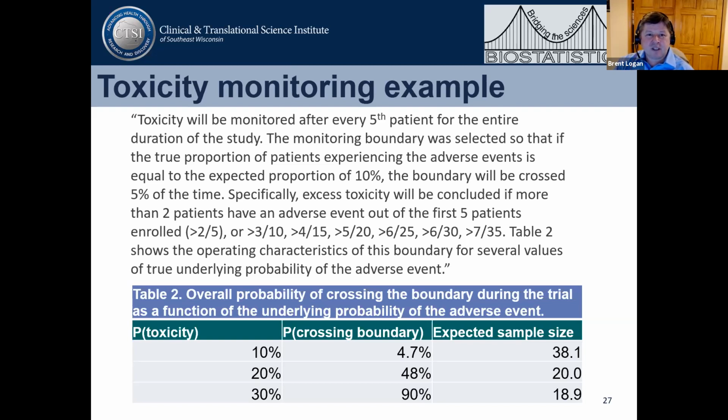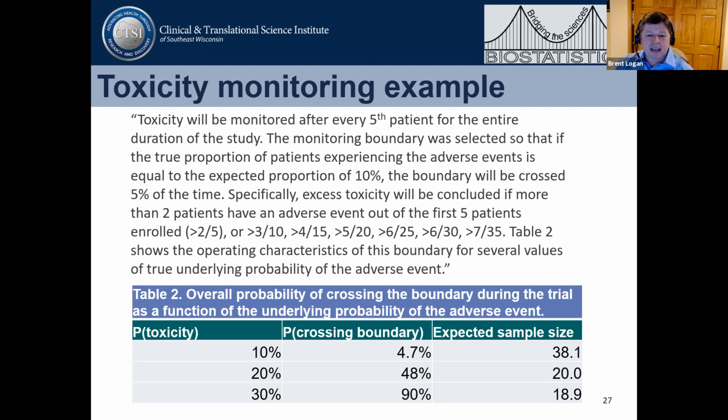Now, for the toxicity monitoring for safety, we do have that issue. You don't want to be monitoring for safety and have a very high rate of finding a safety signal when really it's because you were looking at the data too often. You don't want to artificially increase your chances of finding a safety signal.